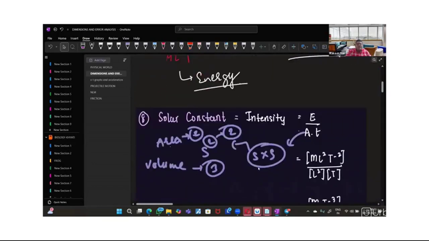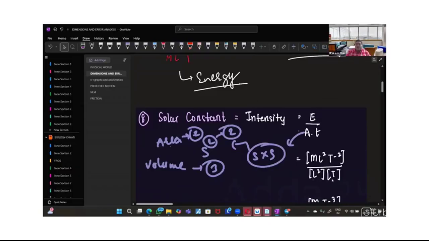Now let us see the dimension of a certain constant like the solar constant, where from the name you cannot deduce anything. The solar constant is an intensity framework. So it's energy upon area times time. For energy, as I have told, it comes from the dimensional formula M L^2 T^-2, which will also be dealt with in my upcoming sessions.